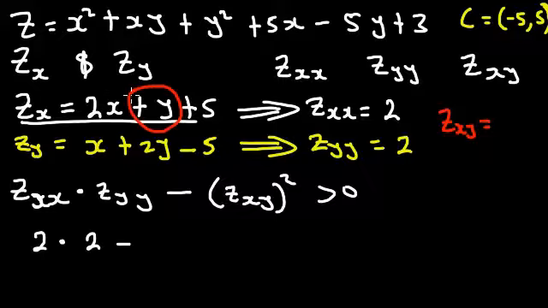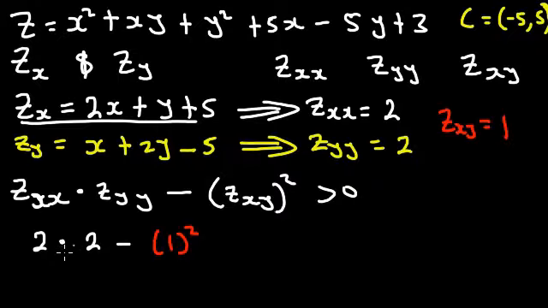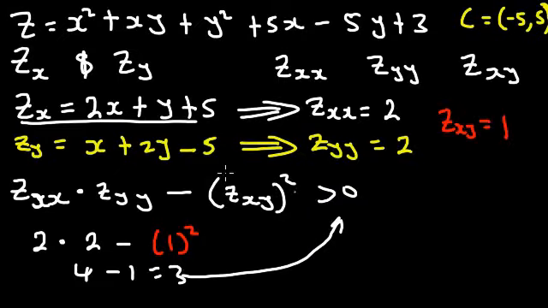We would instead pay attention to plus y because we are now differentiating partially with respect to y, and the derivative of y with respect to y is simply 1. This means z sub xy is simply 1. So minus 1 squared. So is our result greater than 0? 4 minus 1 is equal to 3.